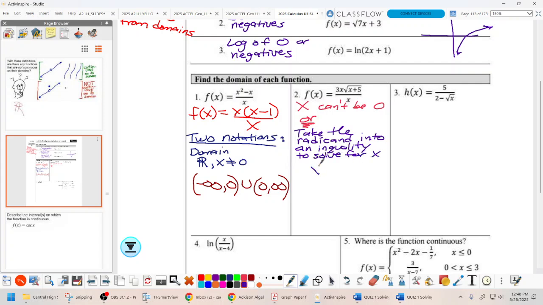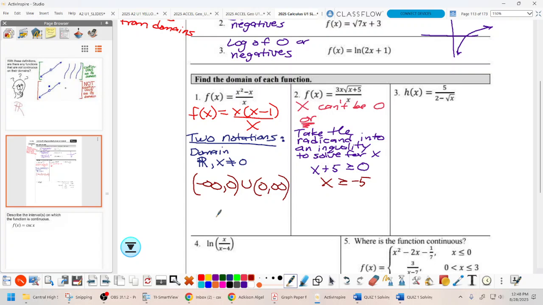So this one is going to say x plus 5 has to be greater than or equal to 0. It cannot be less than 0, right? That's all that we're saying. And then in this case it's a quick little solve. X is greater than or equal to -5. But it's not always going to be something you can just glance at and solve, right? So keep that in mind.